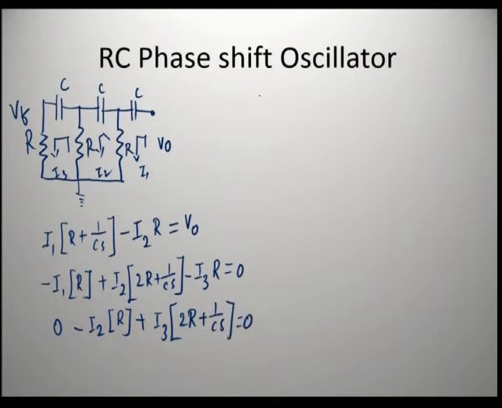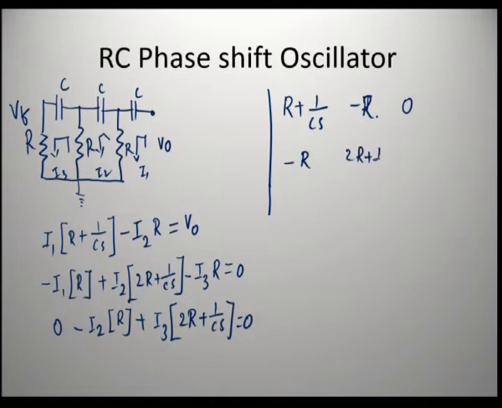When you put it in the determinant, it is R plus 1 by Cs, minus R, 0 in the first row; minus R, 2R plus 1 by Cs, minus R in the second row; and 0, minus R, 2R plus 1 by Cs in the third row.